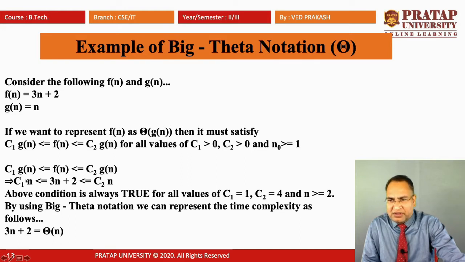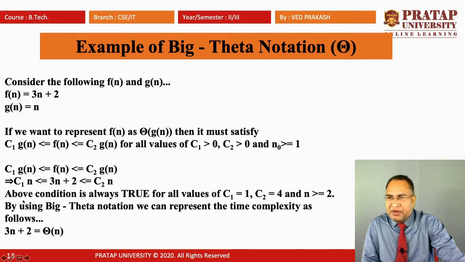According to this condition, we apply it to prove the big theta notation here: C1 n less than or equal to 3n plus 2 less than or equal to C2 n.